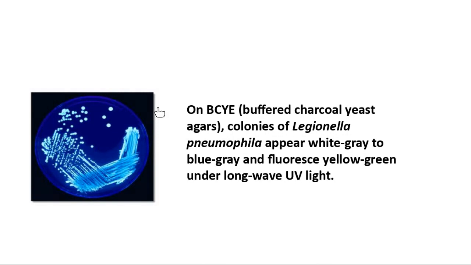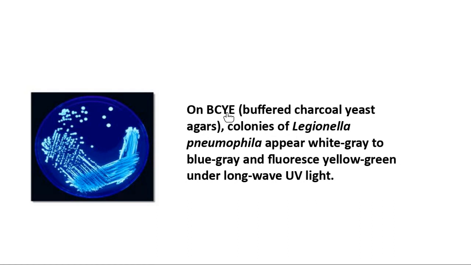So after bronchoscopy we use three types of media: the blood agar, the BCYE buffered charcoal yeast agar, and the MacConkey agar. On MacConkey agar we can differentiate between the lactose fermenter and lactose non-fermenter. In case of pneumonia, the lactose fermenter is most of the time Klebsiella pneumoniae, and the lactose non-fermenter most of the time Pseudomonas.